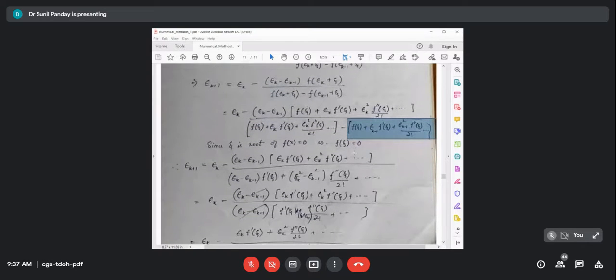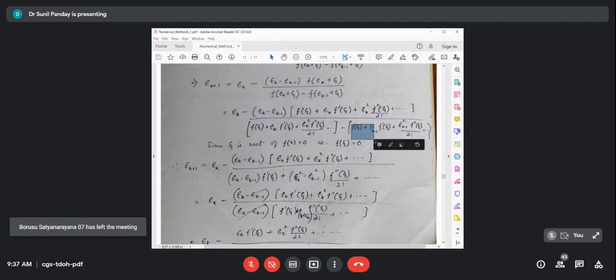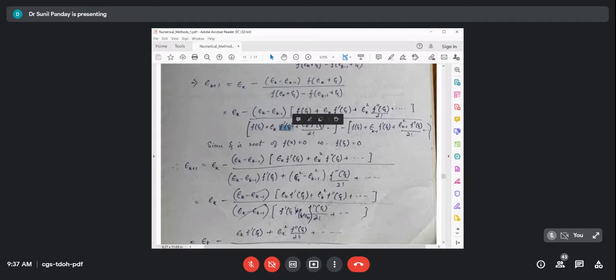Now we can see that this f xi will cancel out with this f xi, and f dash xi we take common outside from these two terms, and we have epsilon k minus epsilon k minus 1. Similarly, we can take f double dash xi upon 2 factorial common from these two, and we have epsilon k square minus epsilon k minus 1 whole square, by 2.